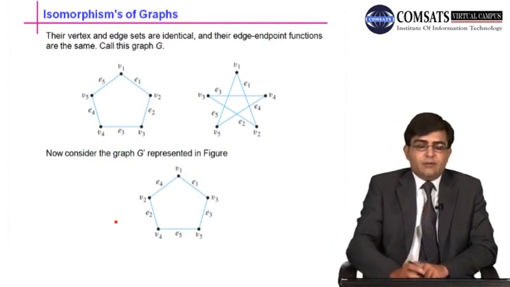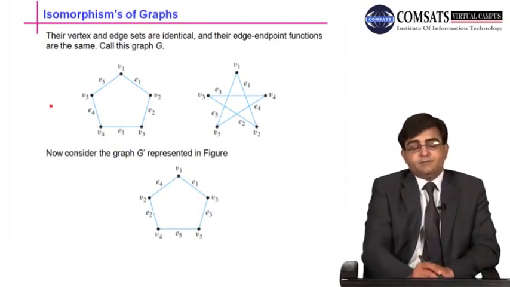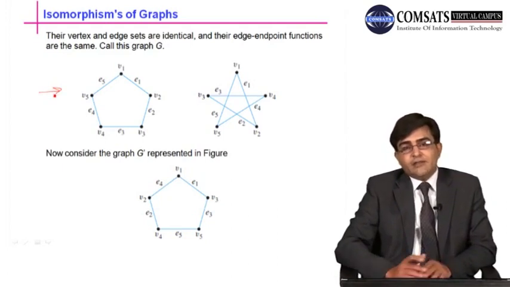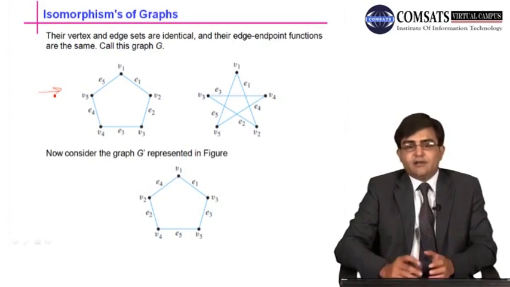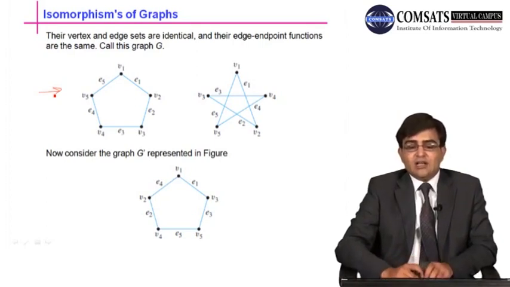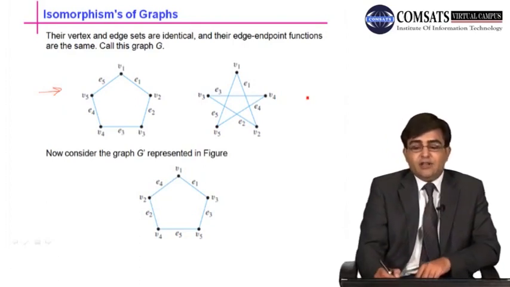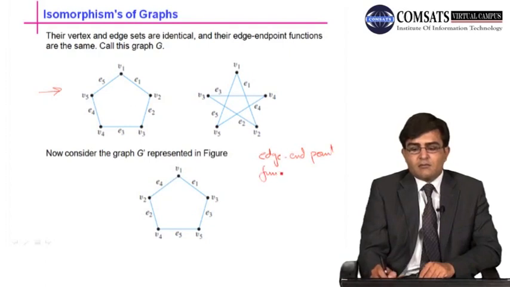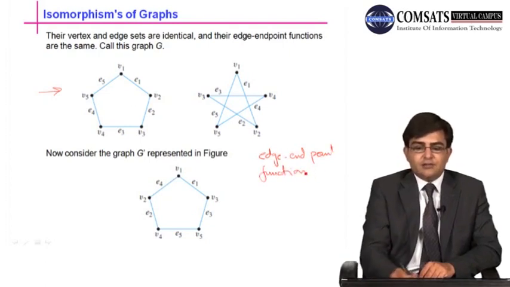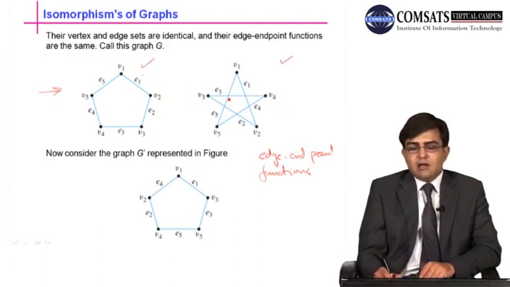As we have discussed in one example, if we change the labeling of the graph, the appearance of the graph will be different, but in actual the graphs are the same. The edge endpoint functions, as we discussed in the first lecture of graphs, of these two graphs 1 and 2 are the same.